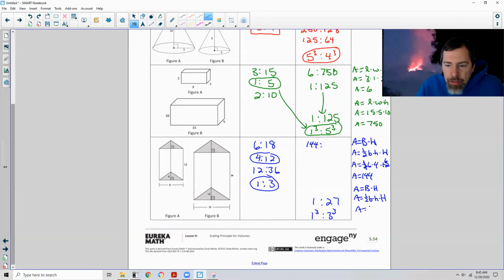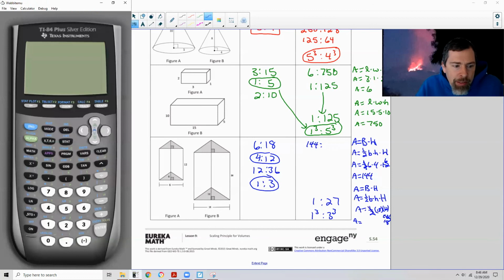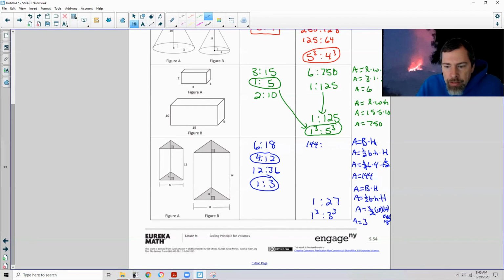So the area is 1/2 18, 12, and 36. Running out of room here. All right, so I'm going to get rid of my largest half, which is 36. So it's 18 times 12 times 18, a little bit large for me to try to do in my head. 18 times 18 times 12 is 3,888.